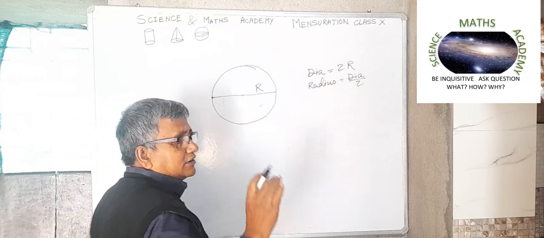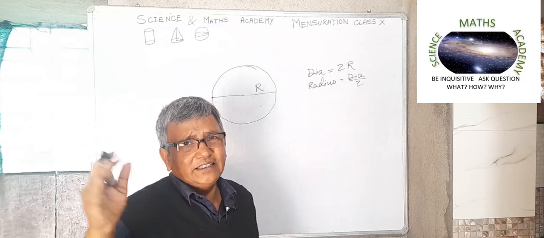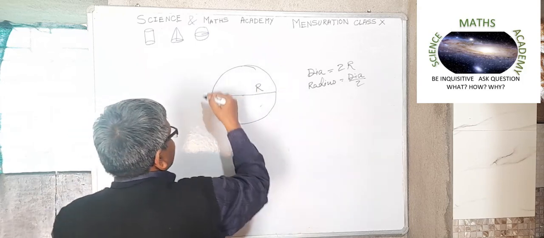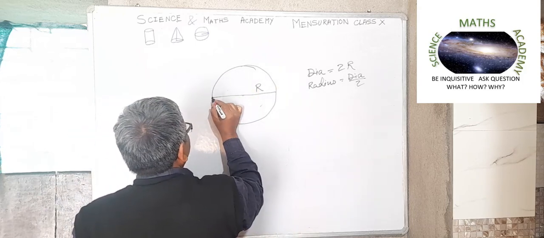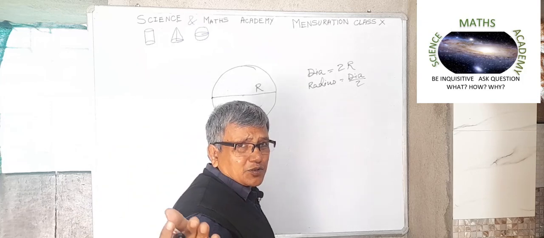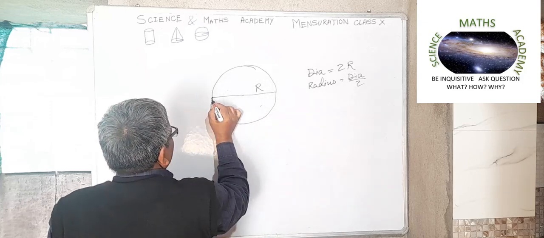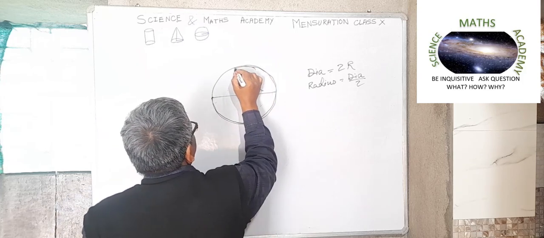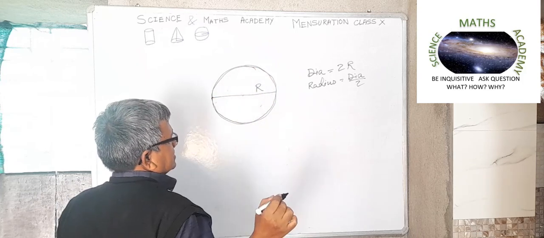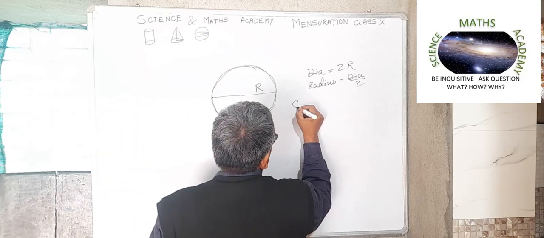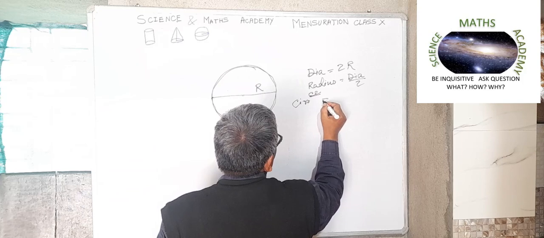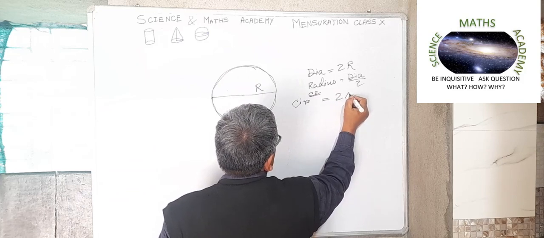Now, in a square, rectangle, triangle, etc., we say perimeter, and in a circle we say circumference. Circumference means, I tell students, walk around the field. So circumference will be 2 pi r.